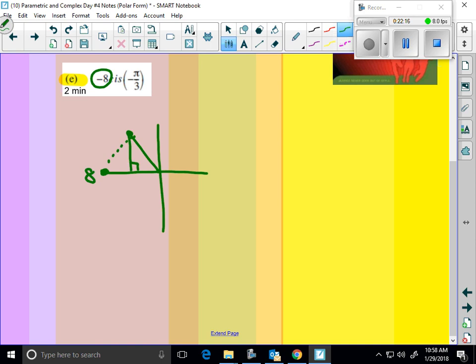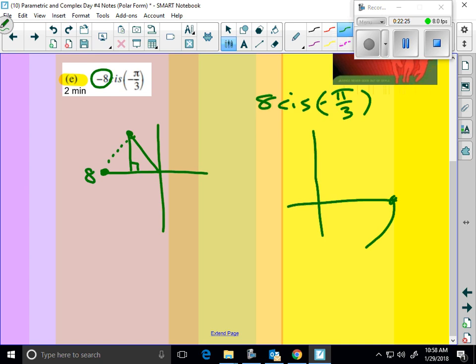Okay, so here, if I put this down, would you be okay with the fact that I extended out 8 and then I rotated this way? If I have a negative 8, that just means I extend out to the left and then I still rotate clockwise. Negative angles rotate clockwise. So that puts me here. I have a value of 8.